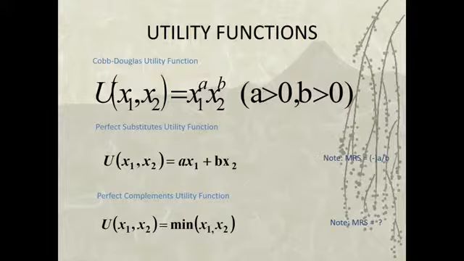This is what is called the Cobb-Douglas utility, where alpha is greater than 0 as well as beta. So you have these two exponents, which are greater than 0. That means any amount of commodity X or Y has a positive utility. It will never be 0. If it is 0, then that commodity gets nullified. Then you will have a lopsided indifference curve, or the indifference curve touches the other extreme.